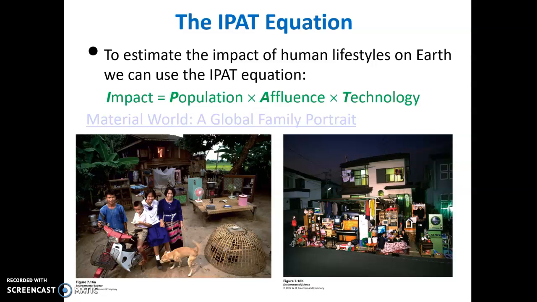So anyway, the IPAT equation is similar to an ecological footprint, but here we're just looking at the factors population size, affluence, and technology. And they have two pictures in your textbook that are drawn from a book called The Material World, A Global Family Portrait. The picture of the family on the left is from Thailand, and the one on the right is from Japan.